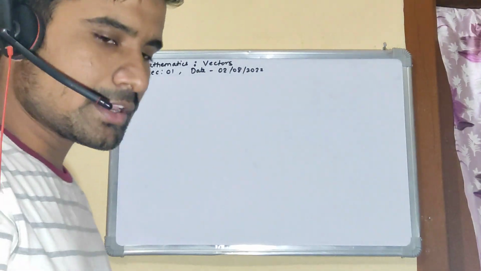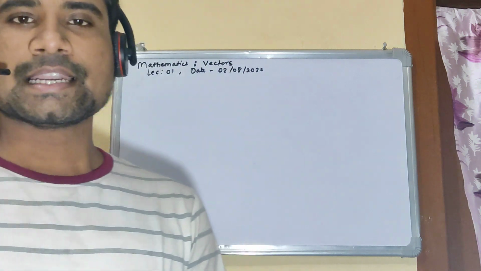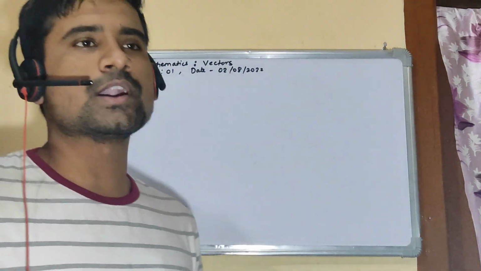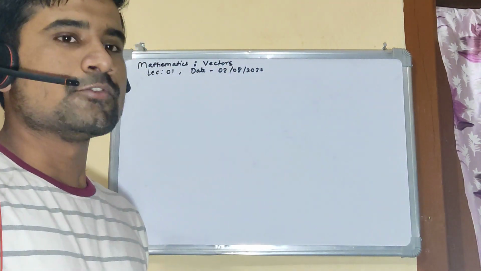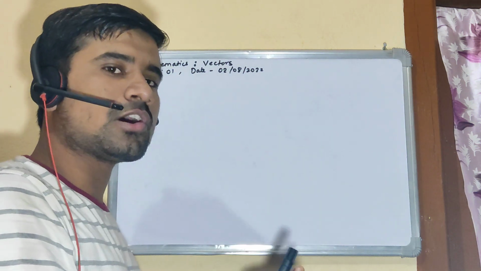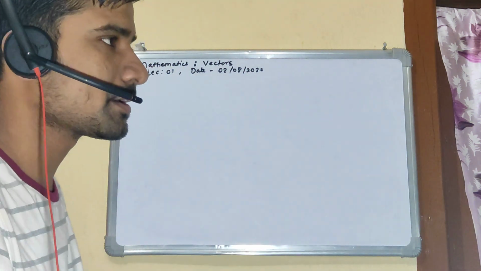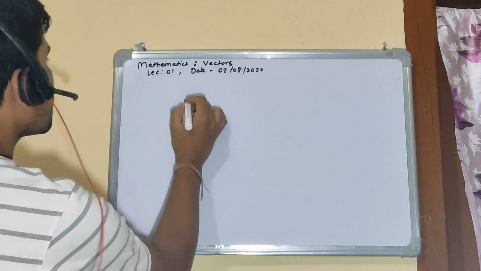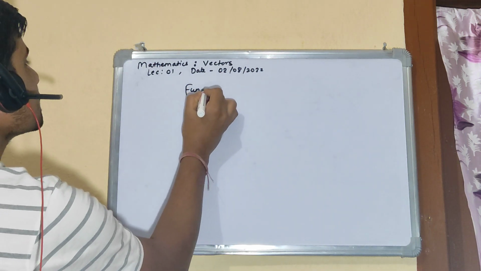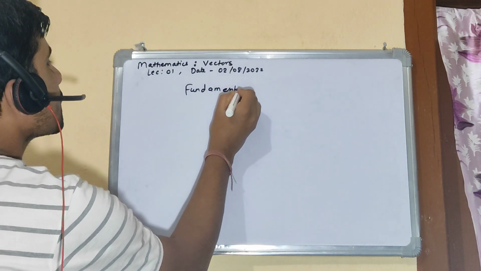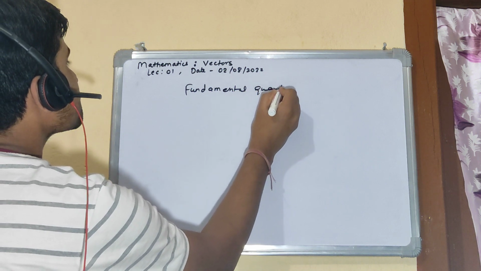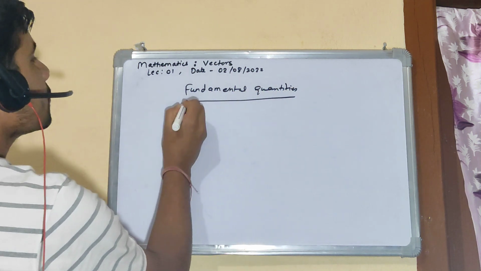So you would have known already that there are only seven fundamental quantities in physics, right? Which are the base quantities. Rest all quantities are derived from them, right? So if I talk about the fundamental quantities, what are they?